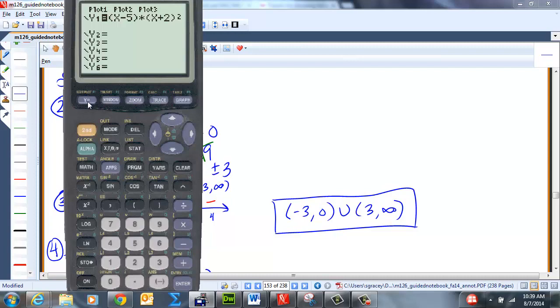All right, so we had x, we'll just do the original, x to the fourth minus 9x squared. So x to the fourth, or the non-factored version, minus 9 times x squared.